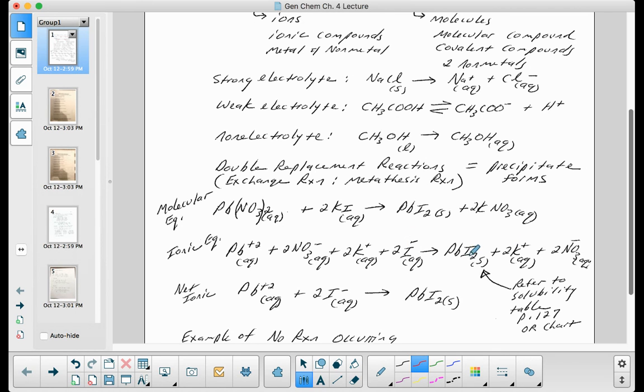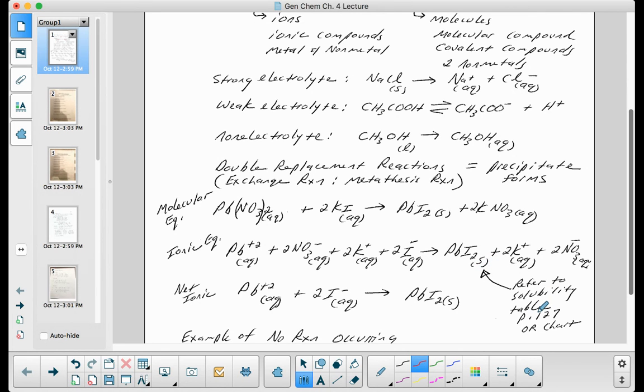And then I'm going to leave this together as the precipitate, and I give it an S as its state symbol. And then the other two types of ions are just going to be called the spectator ions. And so how do I know that lead iodide is the precipitate and that I would keep it together like that?